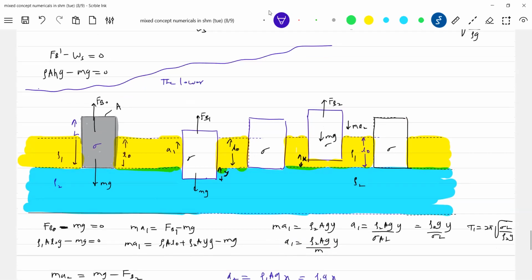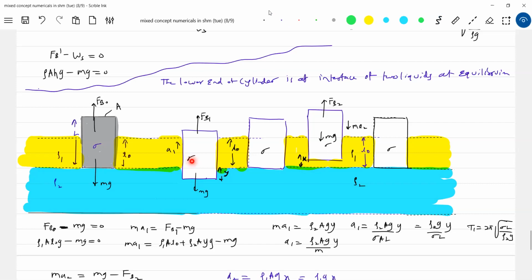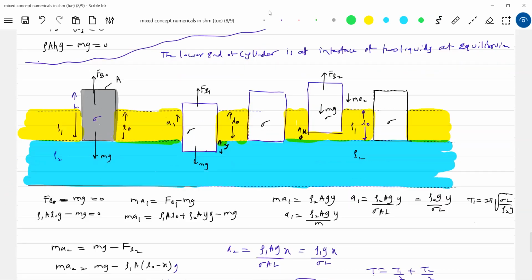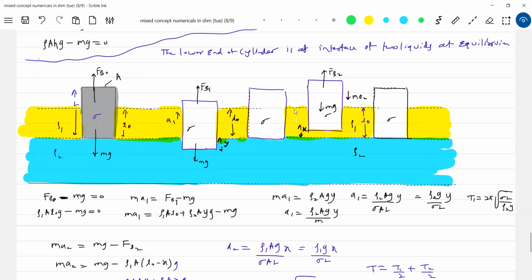The lower end of the cylinder is at the interface of two liquids at equilibrium. Now I'll displace and release it, and it's going to execute SHM. Any of the methods you can apply. I feel the best thing is through a diagram.